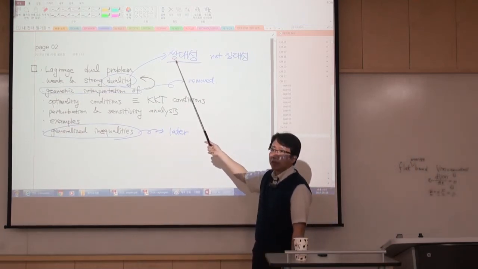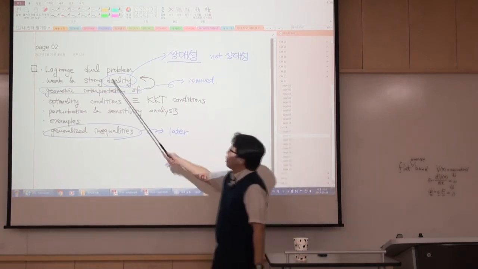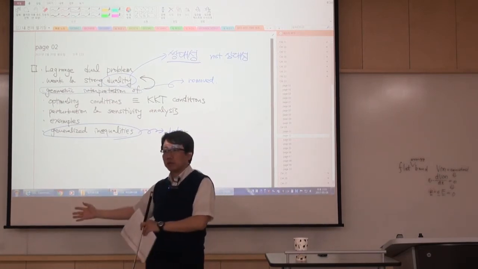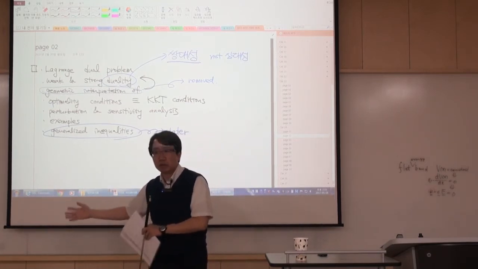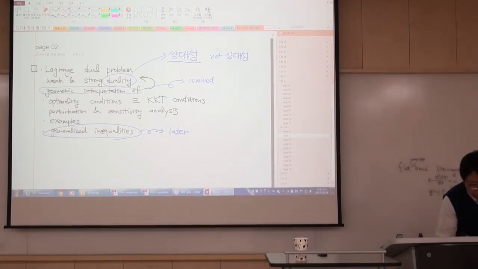Duality is a pair, something like that, right? It is paired. So the dual problem is kind of paired with the original problem. What problem? Optimization problem. So this term dual problem has an antonym: the original problem, but we usually say primal problem.